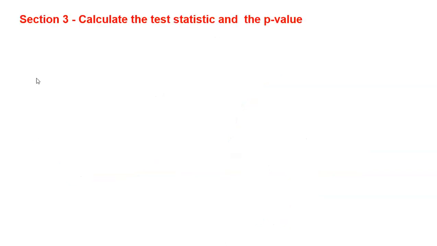All right, so section 3 is actually calculating the test statistic, which is our z-score, and our p-value. Now, the only thing you need for this is your actual sample. What was our sample that we're trying to use as evidence? It was 38 out of 90, or 0.4222.